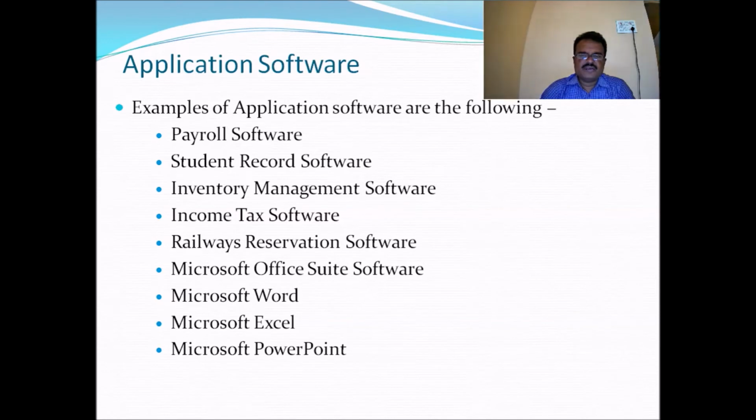So that is also called student record software. And inventory management software, income tax software, railways reservation software. So everywhere now the online reservation is going on for railways. Next software is Microsoft Office Suite software, Microsoft Word, Microsoft Excel, Microsoft PowerPoint. These all come under application software.